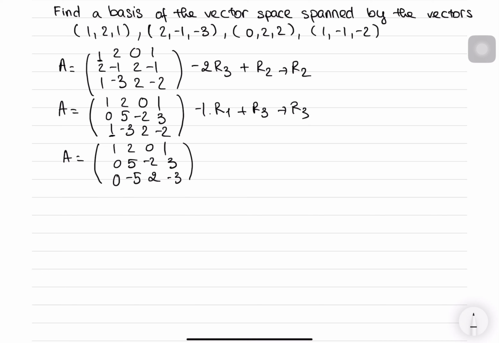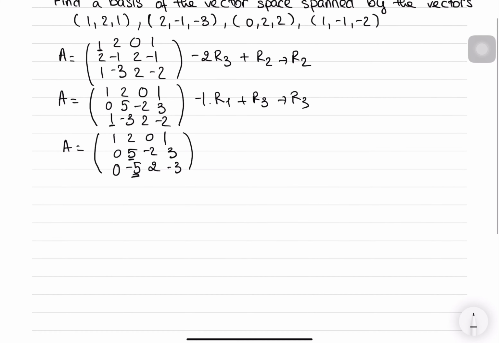In the second column, we can see that our pivot is 5. And our job again is to eliminate every element below it. So this minus 5, very simple. We're going to add R2 and R3.